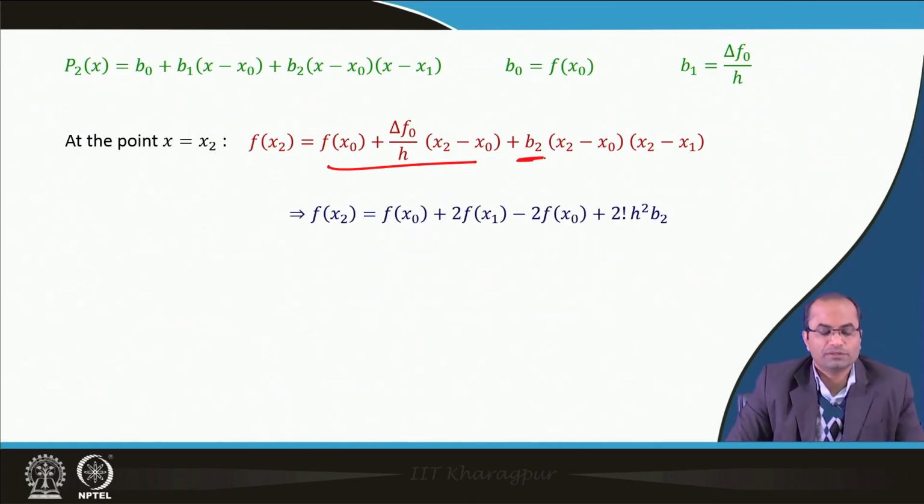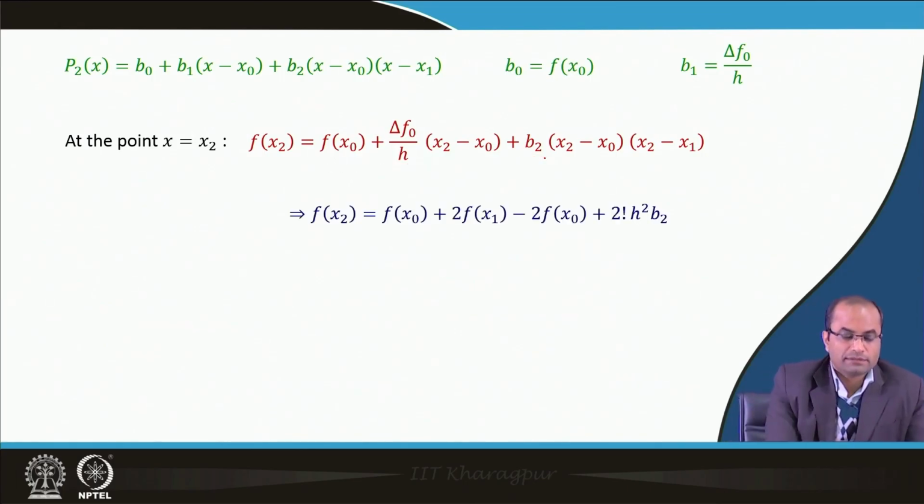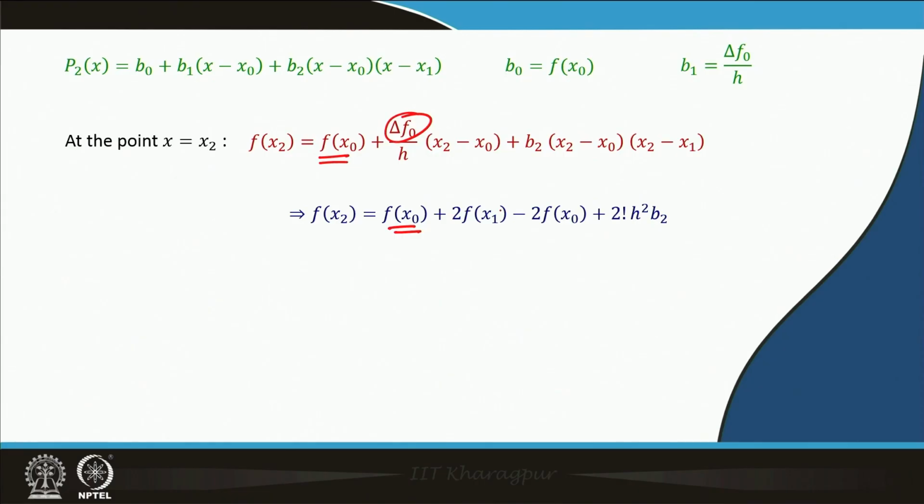So, from here now everything is known other than this b 2. So, we can compute this b 2, and so this is f x naught which is written here, and then we have here delta f naught. First we have written this as f 1 minus f naught, and this is 2 times h. So, basically h will get cancelled, we have 2 times and multiplied to this f 1 minus f naught.